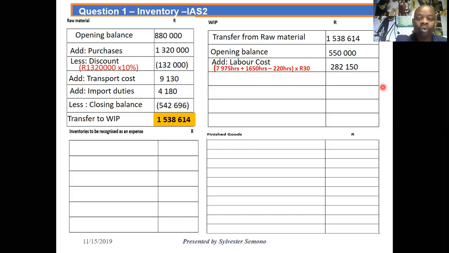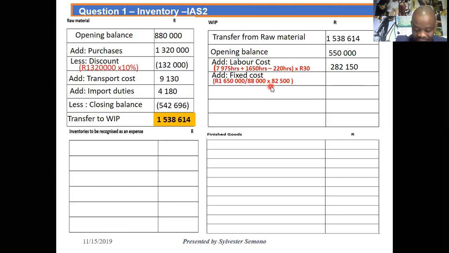And remember, we did incur the fixed cost, and those fixed costs were what? Were the actual fixed cost. Remember, we need to allocate using what? The normal production output. So the normal production output, if you check there, is how much? 88,000. What we need to do, we're going to take the actual of 1,650, divide by what?